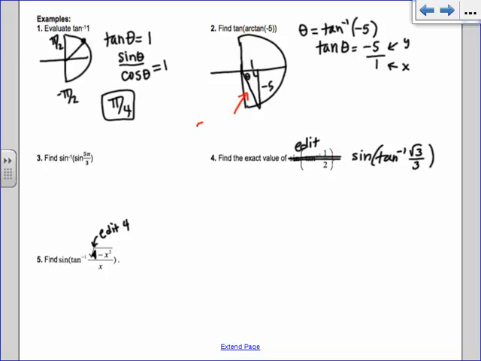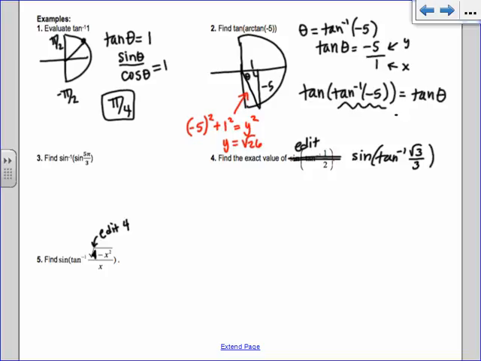I find it with the Pythagorean theorem: negative 5 squared plus 1 squared equals y squared. When I do that, I end up getting y equals the square root of 26. So if I want the tangent of arctangent of negative 5, I get tangent of theta, which is still just opposite over adjacent, right? So it's negative 5 over 1.